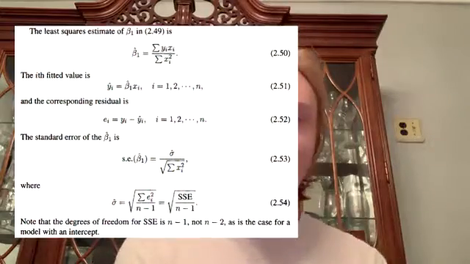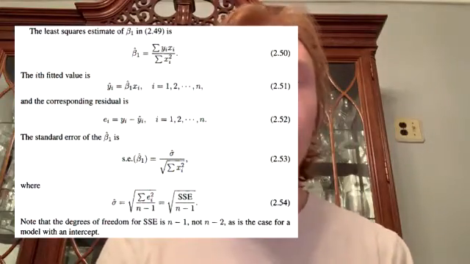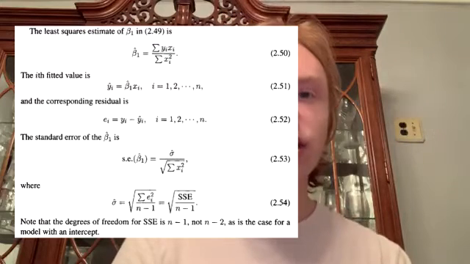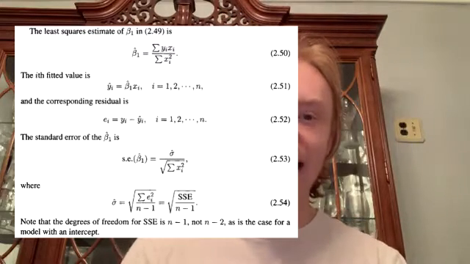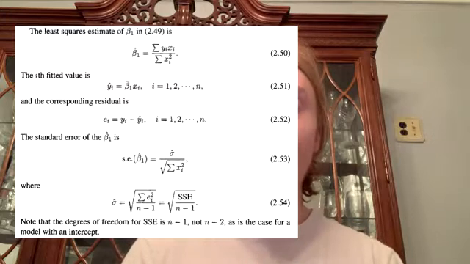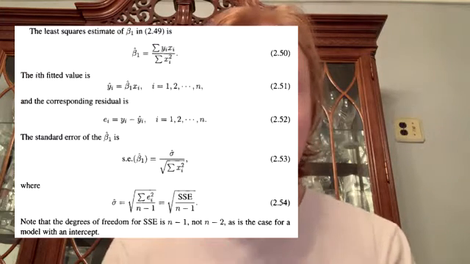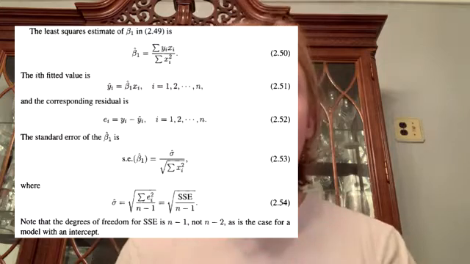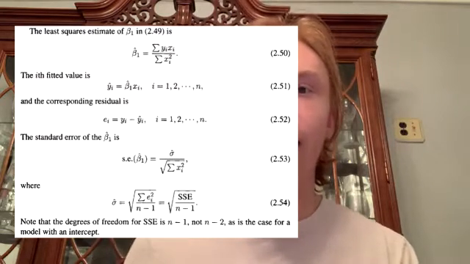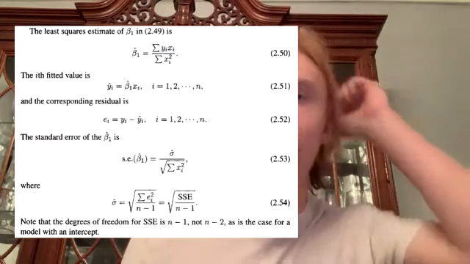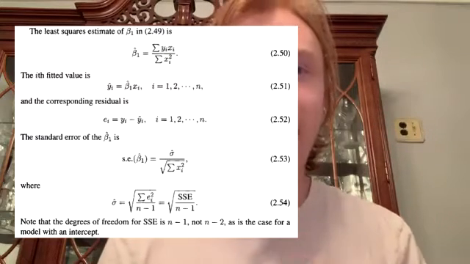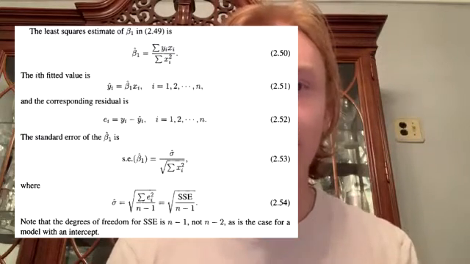Since beta sub 1 is a new value that is now expressed on its own, we must demonstrate the equations relating to this variable. The least squares estimate of beta sub 1 would be represented as the summation of the product of y sub i and x sub i divided by the summation of x sub i exponent 2, with the ith fitted value of y hat sub i being represented by the product of beta hat sub 1 and x sub i.